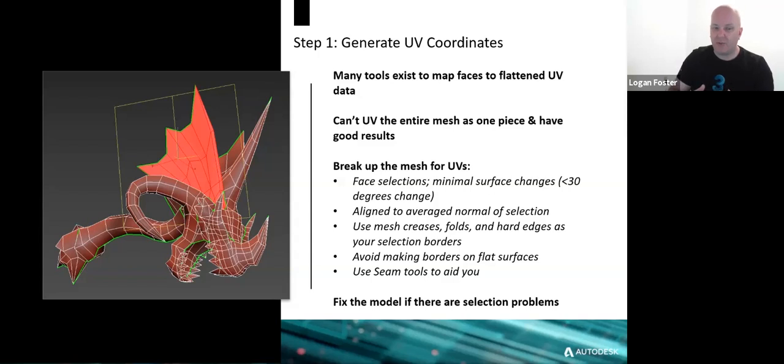You might find as you're working on the selection and generating the coordinates that if there is a problem making a selection, you maybe need to stop, go back, and make some fixes to the model. This might be just inserting new edge loops, or using the connect tool between a couple of vertices to insert a new edge along where a normal tri-face would be. Things like that to fix your mesh up, make it easier to generate, make it easier to work with.